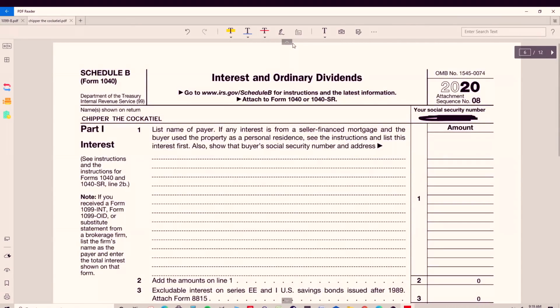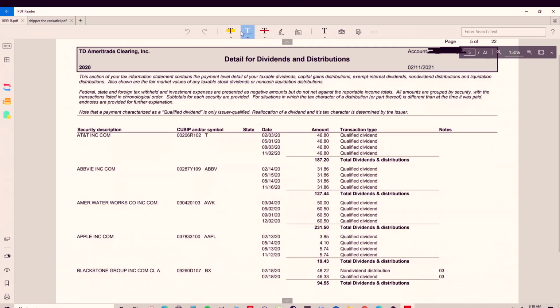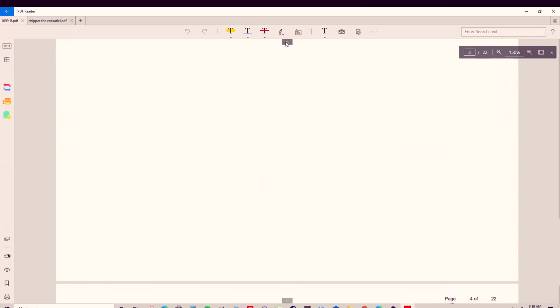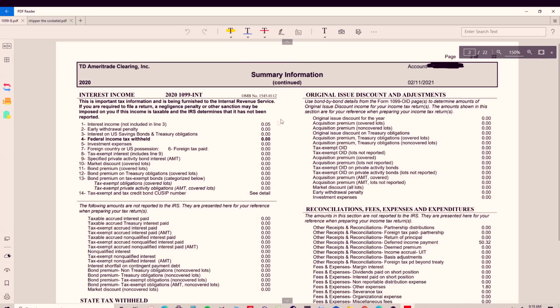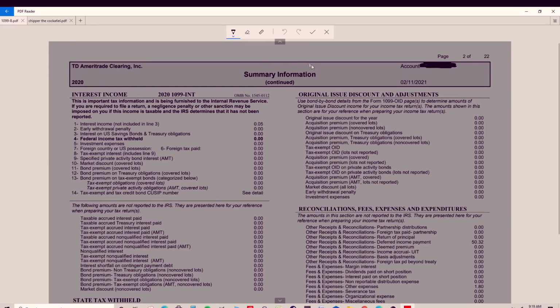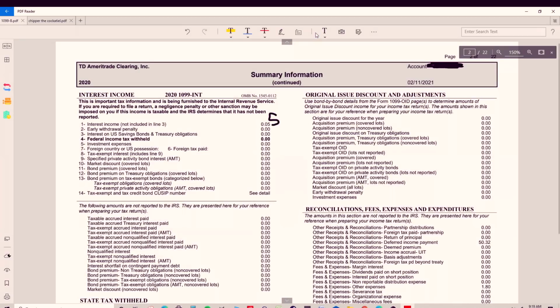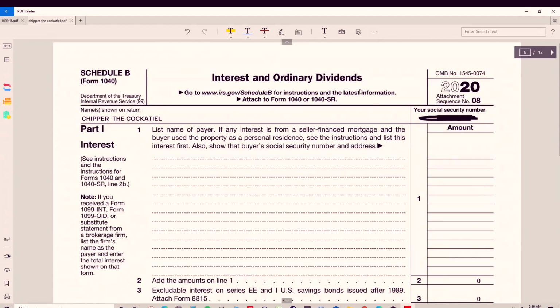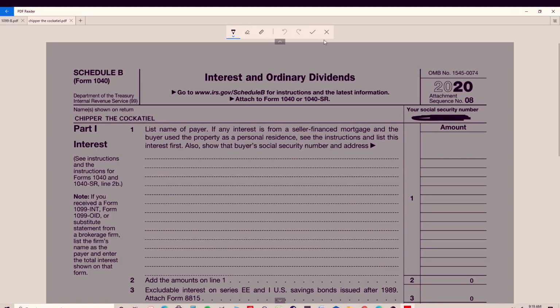Now, your interest, like I said, I messed up. I forgot to put an example here. Obviously, we looked at our 1099-B and saw that there was no interest on page 2, right here. But pretend with me that there was $5 of interest income from Ameritrade. Then we would come back here on our 1099-B and list $5 here.